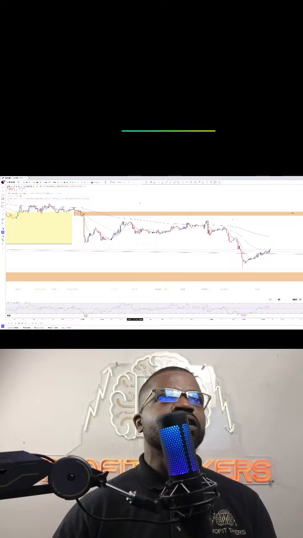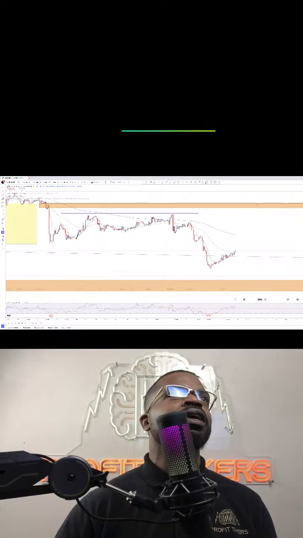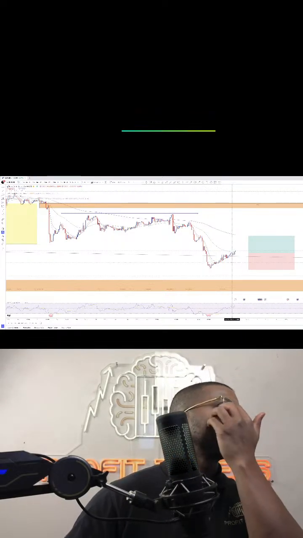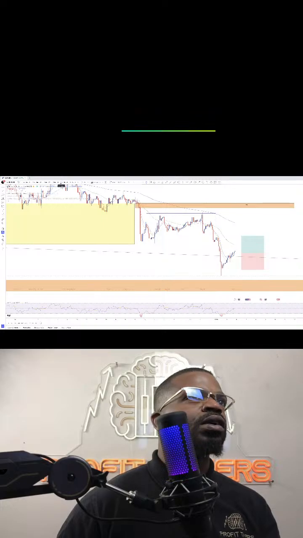13 minutes left in that candle. I think we can possibly catch some buys. Let's see. Looks like a double bottom on a 1 hour.